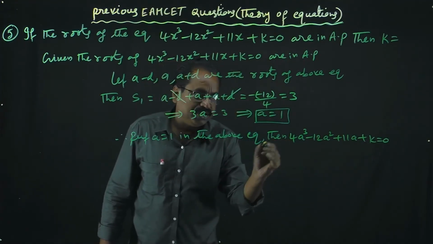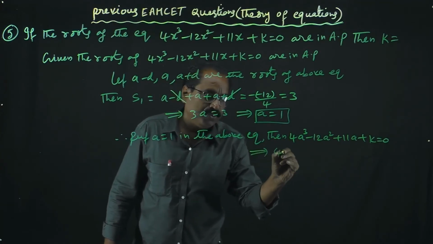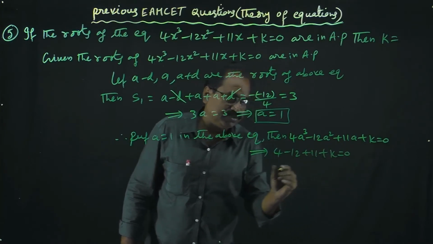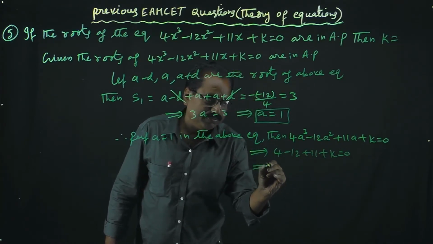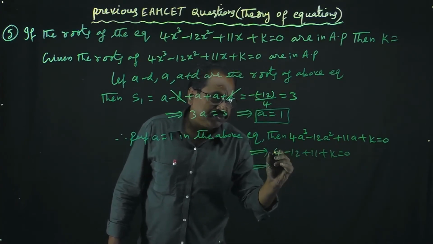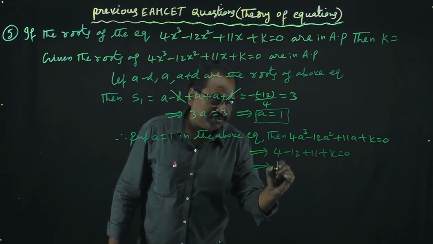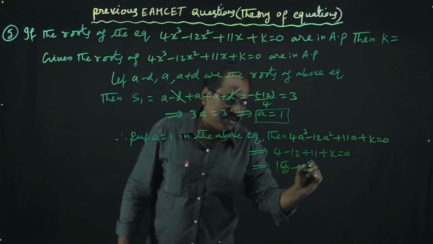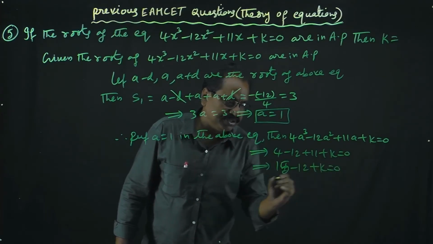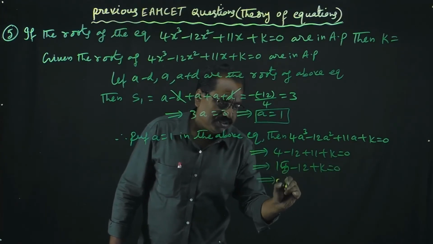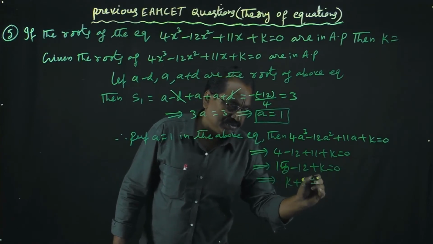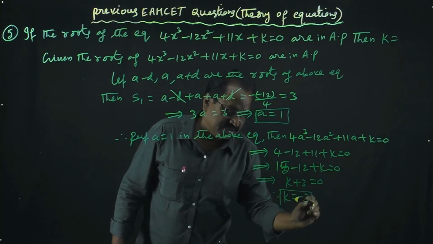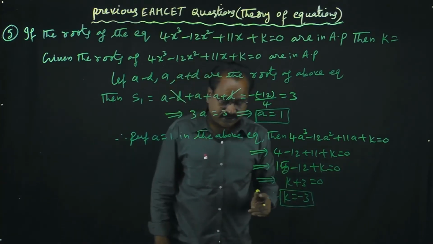So put a is equal to 1: 4 minus 12 plus 11 plus k is equal to 0. So 11 plus 4 is 15, minus 12, plus k is equal to 0. So k plus 3 is equal to 0. Therefore k is equal to minus 3.